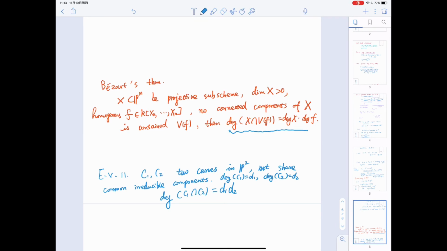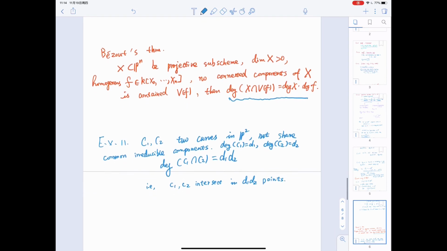Then Bézout's theorem says the degree of C1 intersect C2 is d1 multiplied by d2. That is, C1, C2 intersect in d1 multiplied by d2 points. Of course, we count these points with multiplicity.